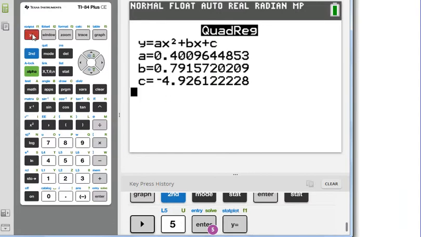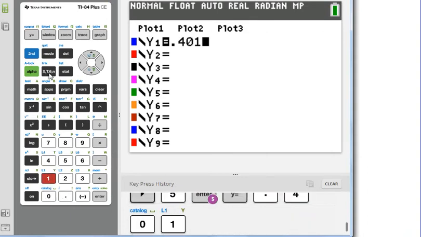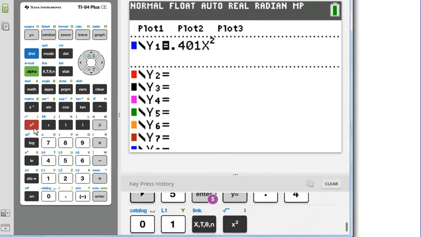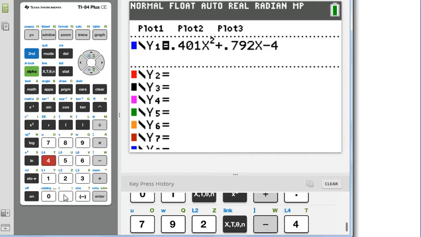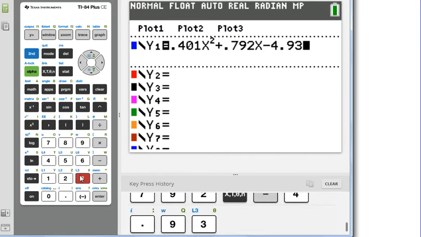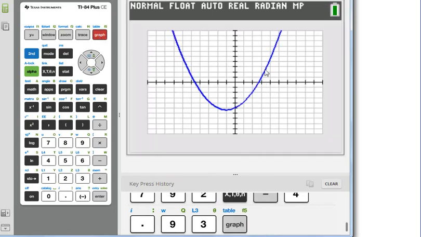We go to our function editor and put 0.401 x squared plus 0.792x minus 4.93, and then if we graph this in our calculator we get a standard view screen like this one.